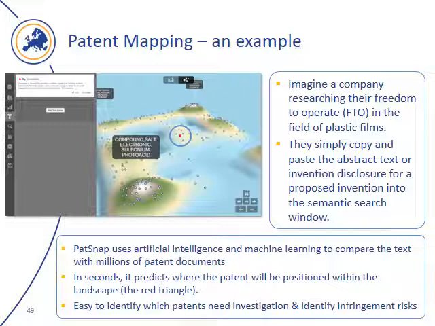documentation. So the setting is that a company is going to research their freedom to operate in the field of plastic films. They start with the second option I have shown you by simply copying and pasting the abstract text or invention disclosure for a proposed invention into the semantic search window.